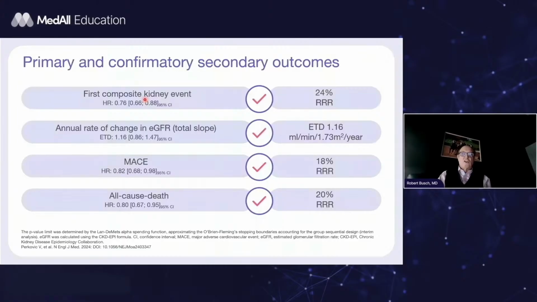The FLOW trial was a study done with semaglutide in patients with type 2 diabetes who had some proteinuria, and what they looked at was lowering the first kidney event, lowering of GFR or renal or cardiac death or dialysis or transplant, and it lowered it by 24%. The GFR slope also was improved compared to placebo. MI, stroke and death went down dramatically by 18%, and in that study, 20% lowering of death in general.